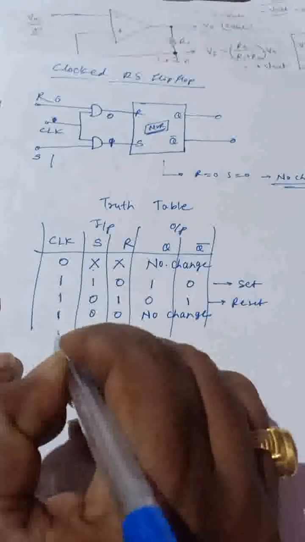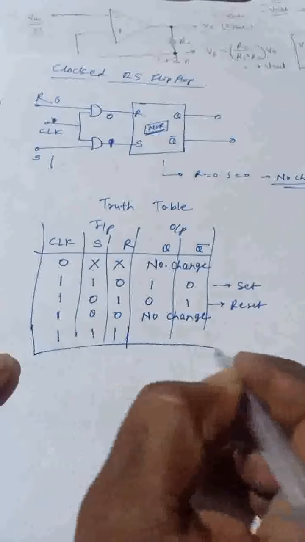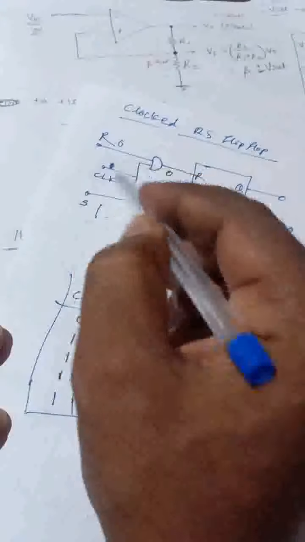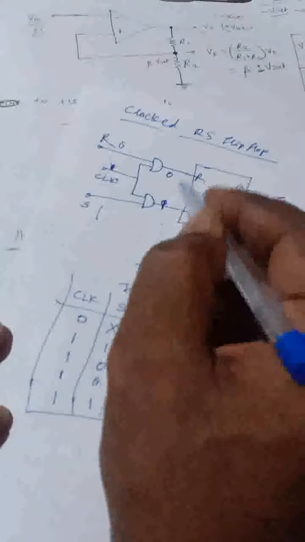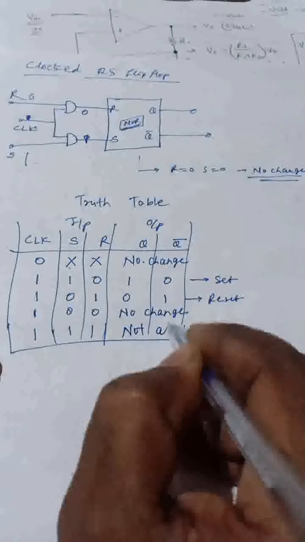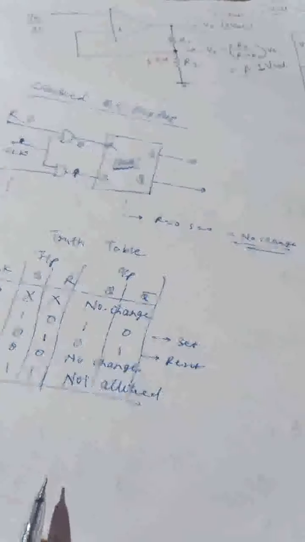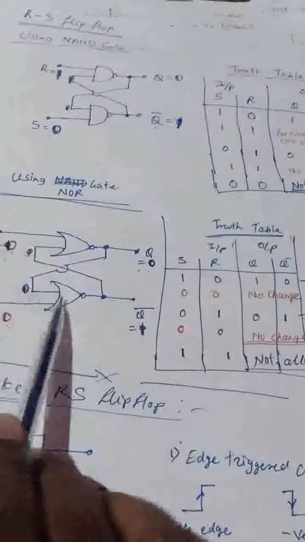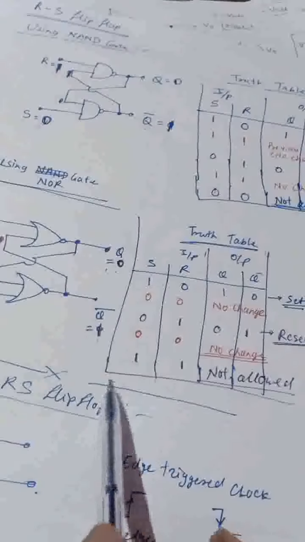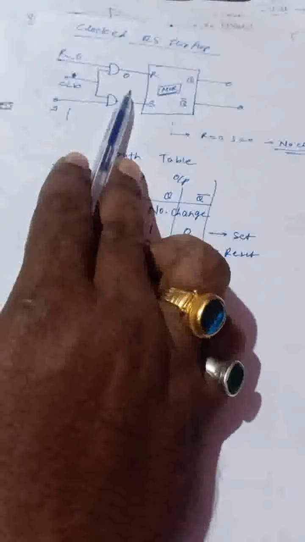If we apply clock 1 and both are 1, then the output becomes 1 for both, and it is a not allowed condition. Why? Because we are using the RS flip-flop using NOR, and 1, 1 is a not allowed condition. So this is known as the clocked RS flip-flop.